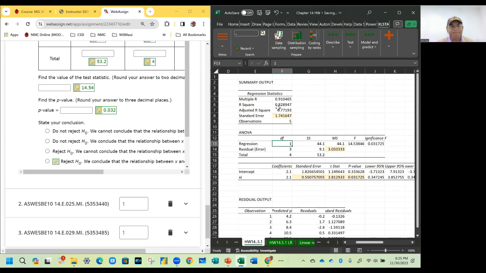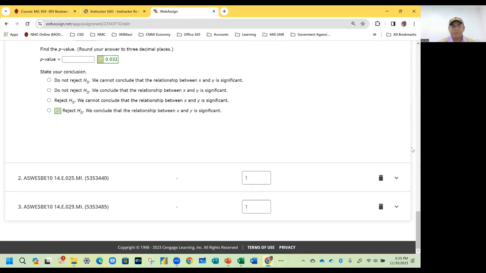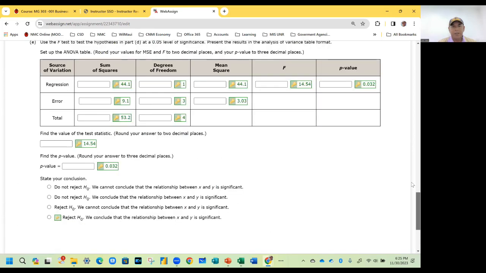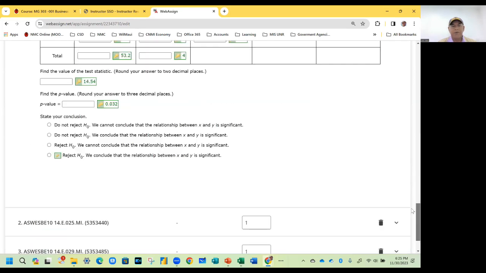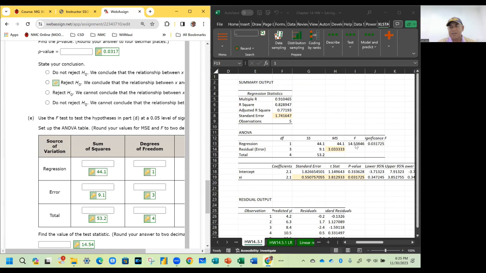Let's see. Is there anything else beyond this one? Okay. So we got that one, no? For the F test, again, you can see your F statistic. Where's your F statistic again on the run? You see your F statistic is here, no? And then your significance is over here.